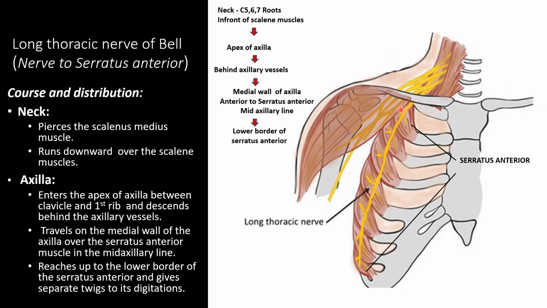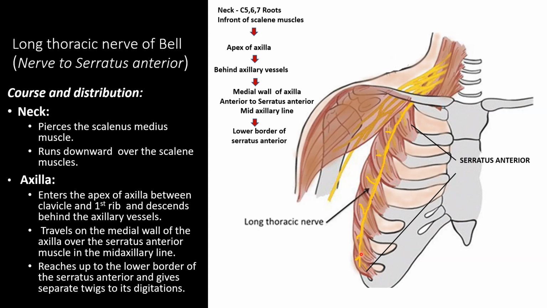Then it descends behind the axillary vessels in the axilla. Then it travels along the medial wall of the axilla over the serratus anterior muscle in the mid-axillary line.